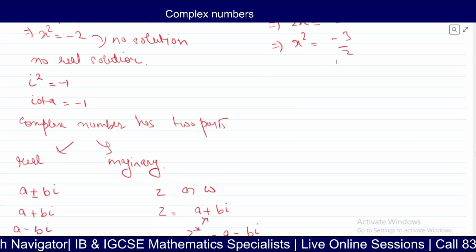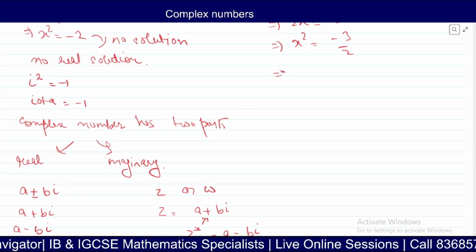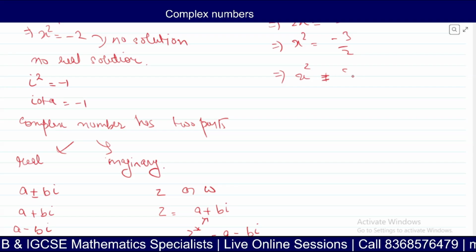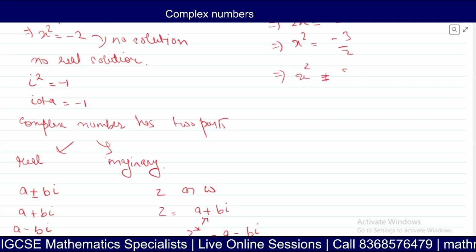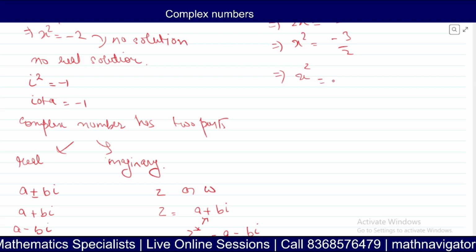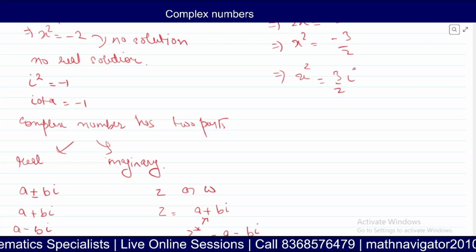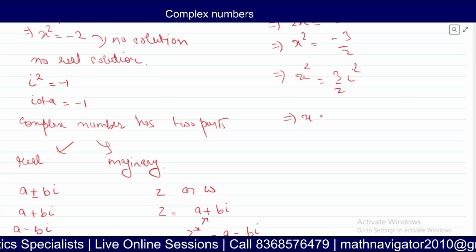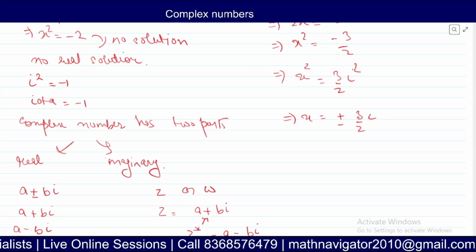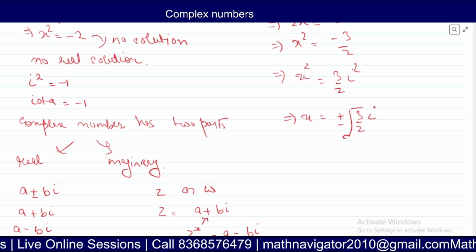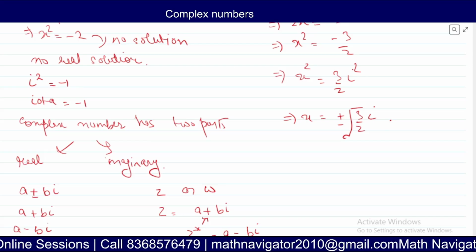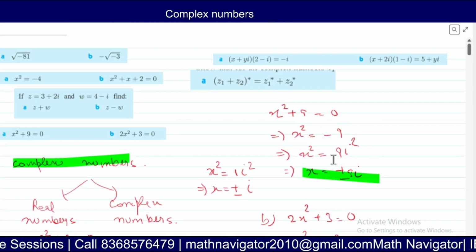It implies x squared is equal to 3 by 2 i squared, which gives x is equal to plus minus i under root 3 by 2. Clear? Right. Let's move to the next.